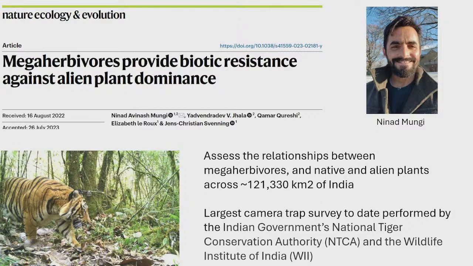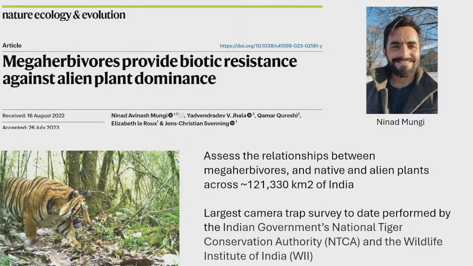He asked exactly that. He was wanting to know how mega herbivores in India could perhaps provide that resistance towards single species dominance. And so he assessed the relationship between the abundance of mega herbivores and the native and alien plant richness and cover across much of India.